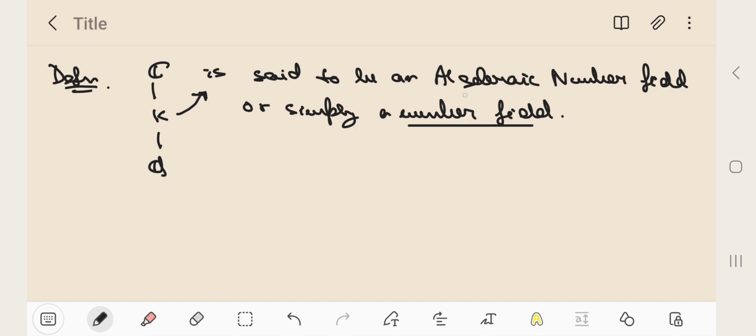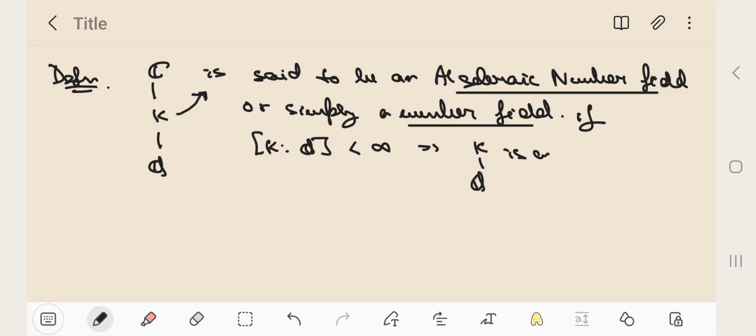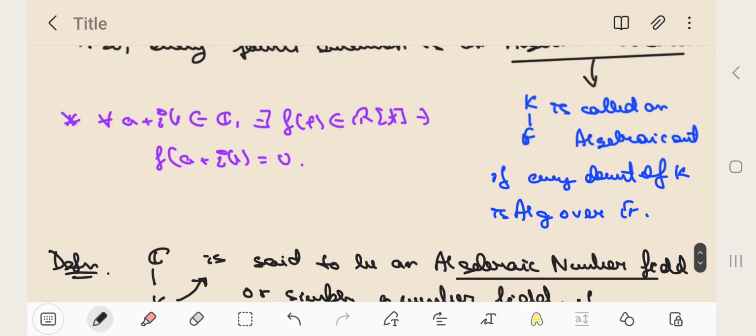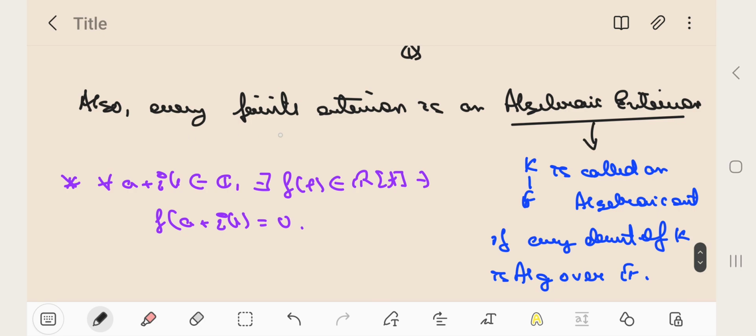I should emphasize these two terms, an algebraic number field or a number field, if the degree of the extension of K over Q is finite, which immediately implies that K over Q is an algebraic extension, or that every element in K is algebraic over Q. I should also make it very clear that every finite extension is an algebraic extension, but the converse is not true.